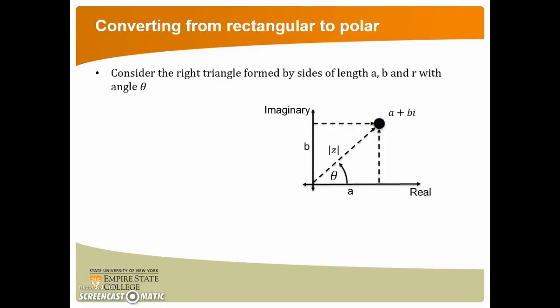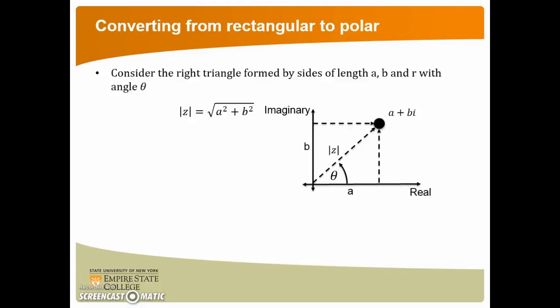The development for converting from rectangular to polar form for the complex number is identical to that for Cartesian points. We consider the right triangle formed by legs with lengths a and b, hypotenuse with a length of the absolute value of z, and containing angle theta. The absolute value is the distance from the point to the origin.